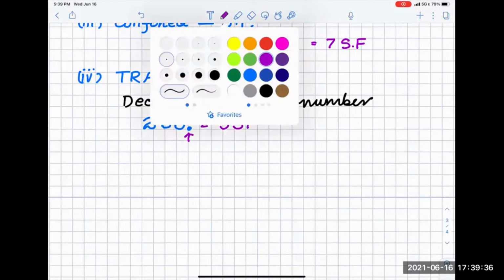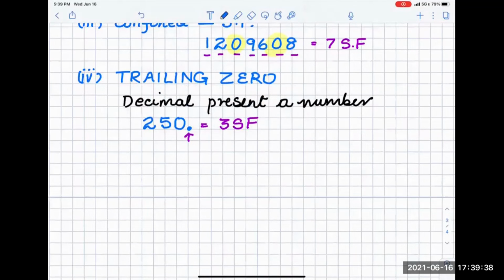Next you have a number that is, for example, 205 3.0120. So you see all these zeros. There's a 0 here, there's a 0 here, and a 0 here. Obviously the 0 between 2 and 5 is a confined 0.